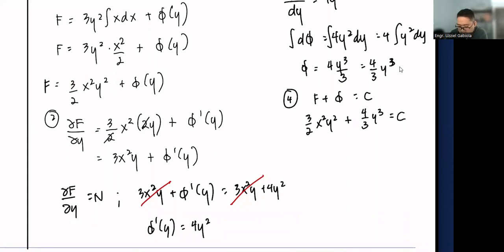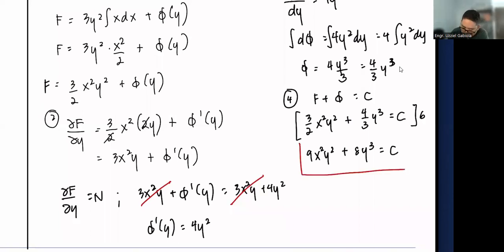So ito pwede na to as your final answer. Pero kung gusto mo, medyo ayaw mong may fraction, multiply mo by 6. So this will be 9x squared y squared plus 8y cubed is equals to c. So this is our solution dun sa problem.